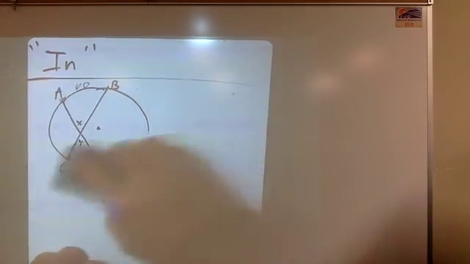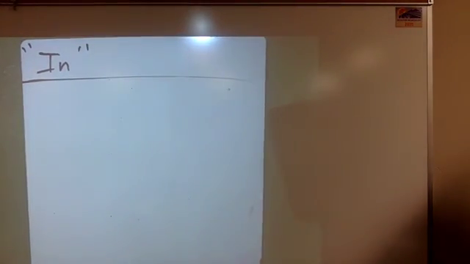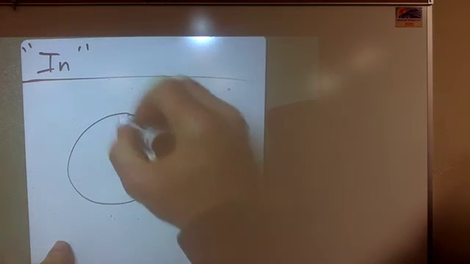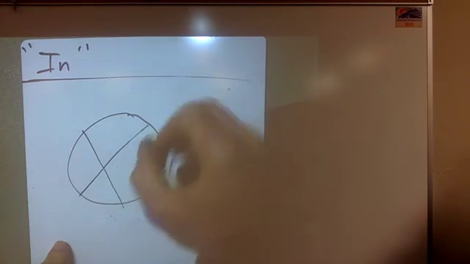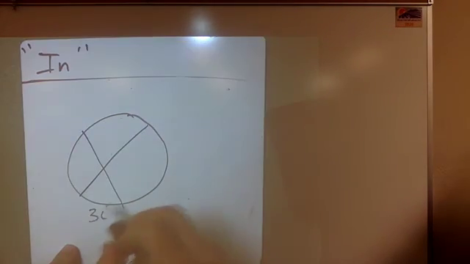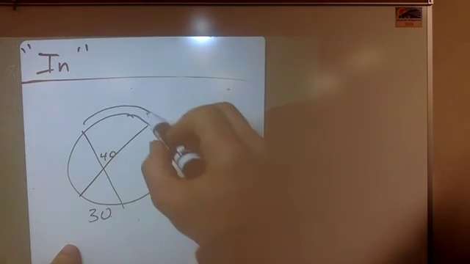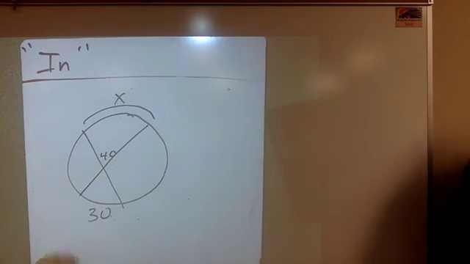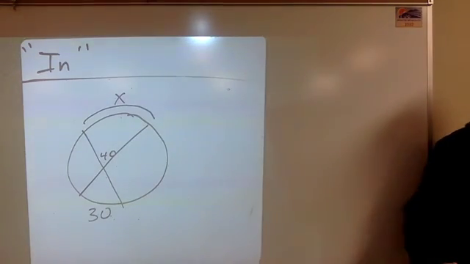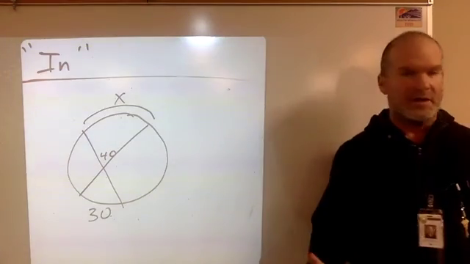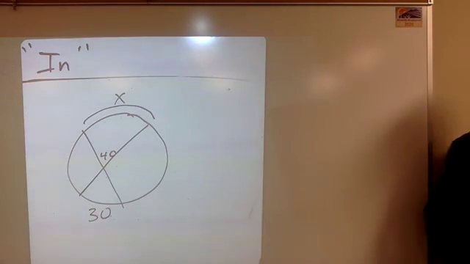It seems pretty simple, and it is. It becomes a little bit more difficult when they give you the angle and one arc and you have to find the other arc. So let's say this arc is 30 and this angle is 40. What is this arc up here? How much is that? We'll call that X. Well, we know that the two arcs have to be twice as much as the angle, right?